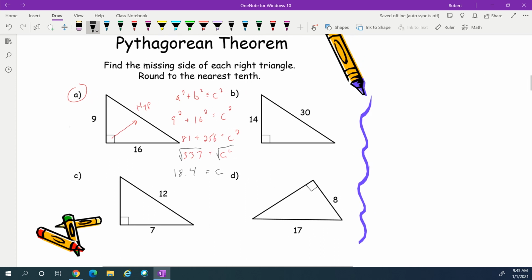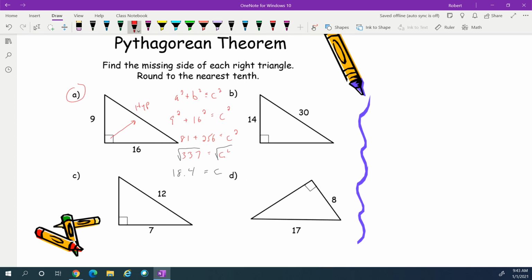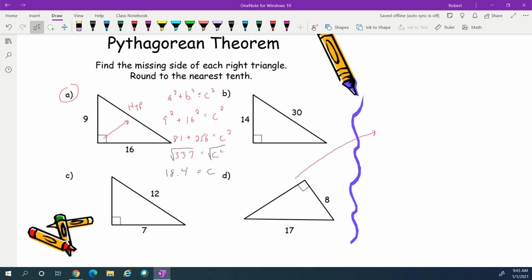Just for the sake of review, let's do question D. I'll just bring the work out here. The hypotenuse is 17. We're looking for this leg. It's a or b, it doesn't matter. So I'm going to just call it x for our purposes. So again, we have leg squared plus leg squared equals hypotenuse squared.